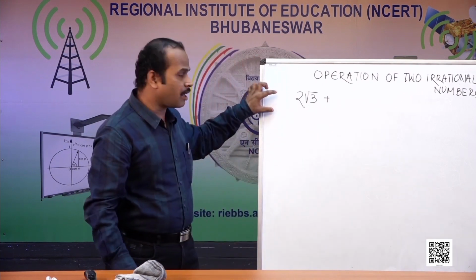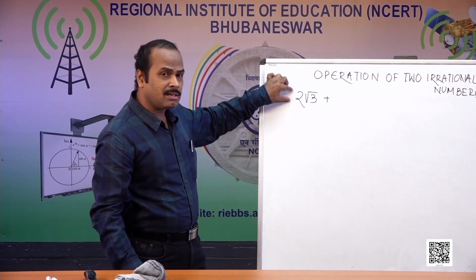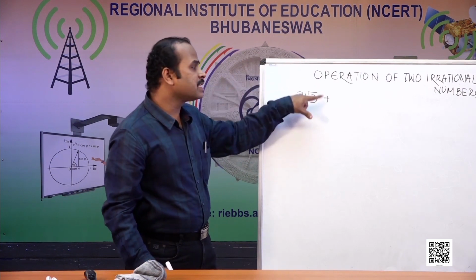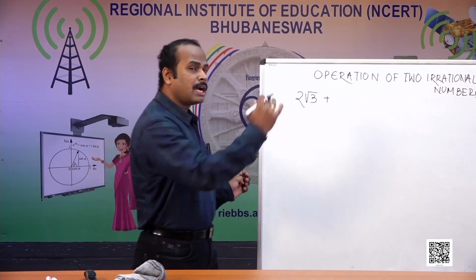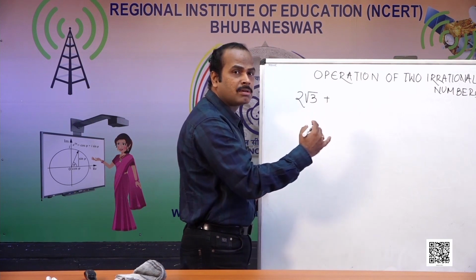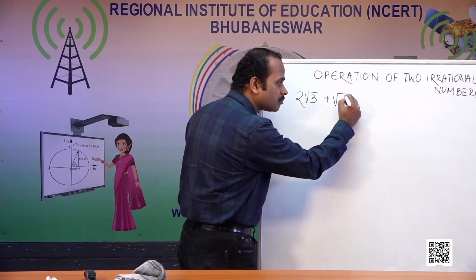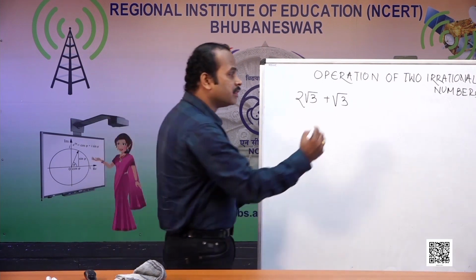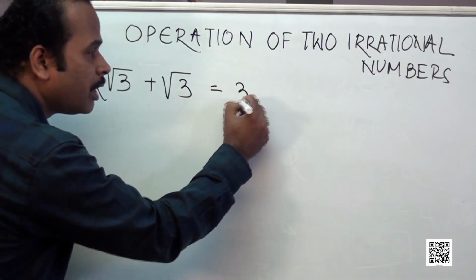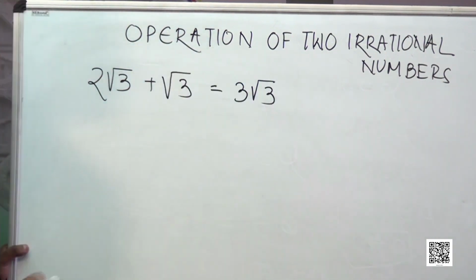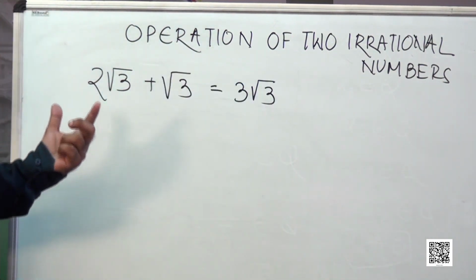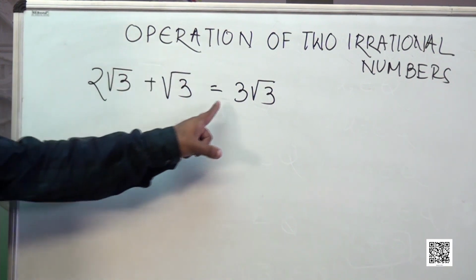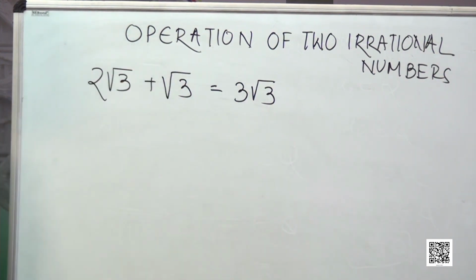I have already found that 2 is rational, root 3 is irrational, and the product is irrational. Now let me choose one more irrational number, root 3. So I add 2 root 3 with root 3, and this becomes 3 root 3. Here it is irrational, here it is irrational, and I also got the result irrational.